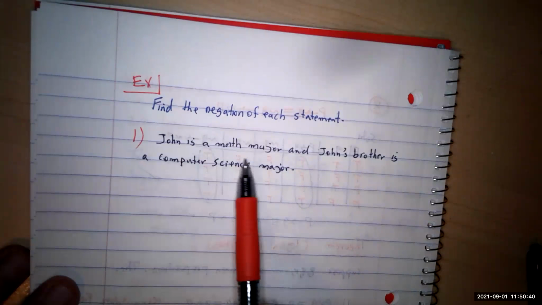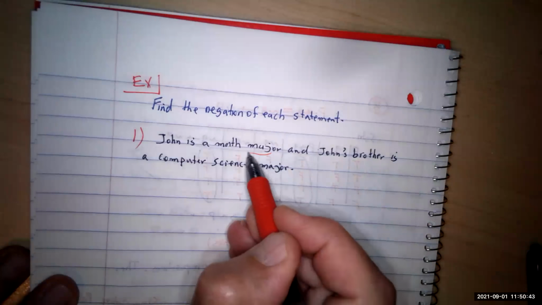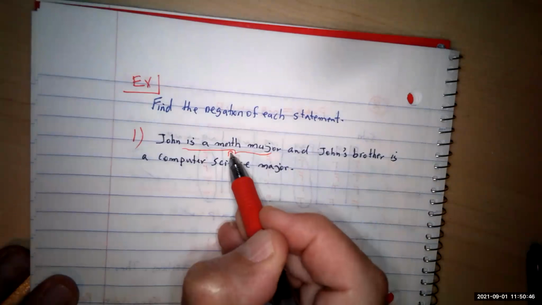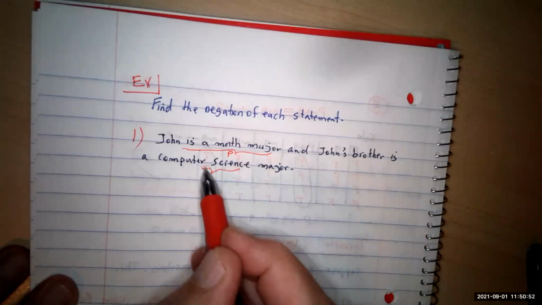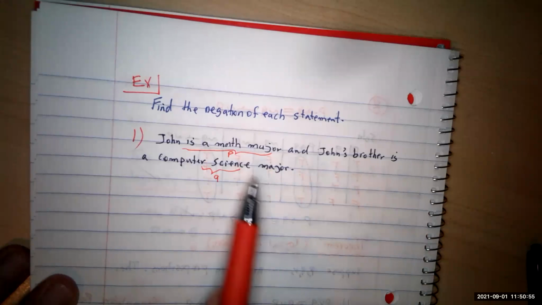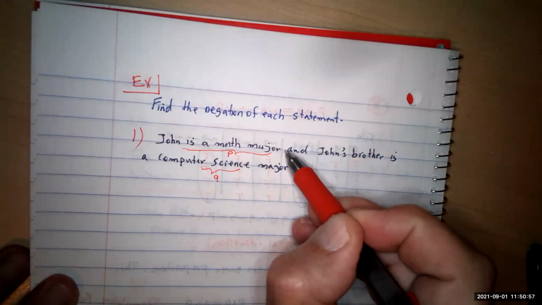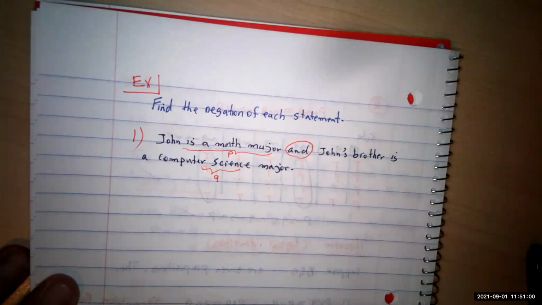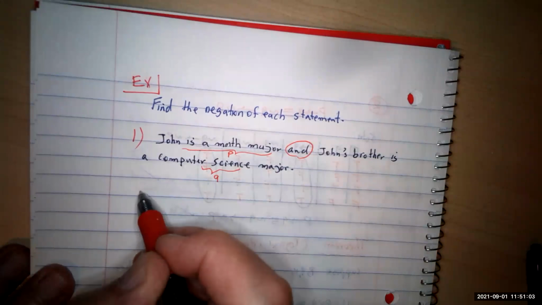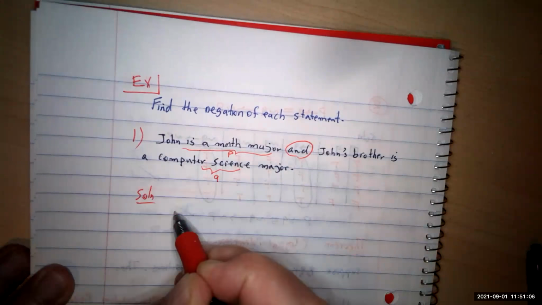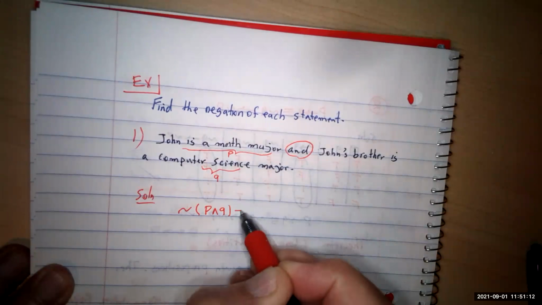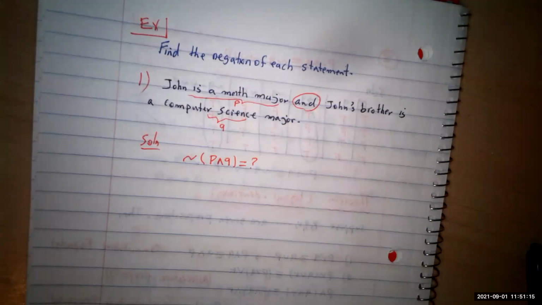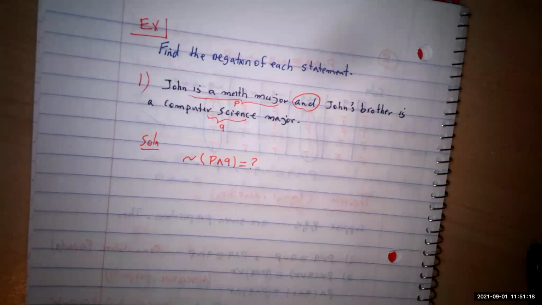John is a math major, you call this P. John's brother is a computer science major, you call it Q. So what you have is P and Q. The solution is you would like to find the negation of P and Q. So this is the question. Any question? You better be patient and nicely change it to the symbolic form, then you go for it.